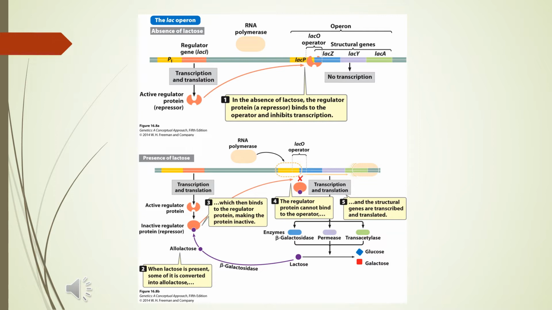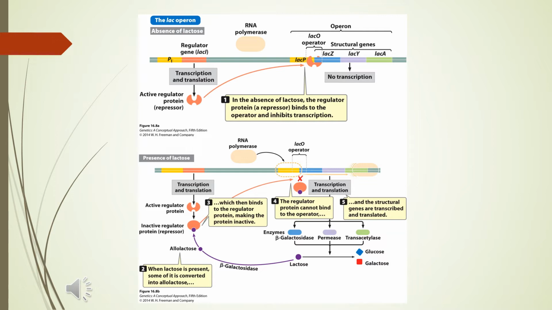On the left side you can see the regulator gene, which is not a part of this operon but can regulate the function of structural genes by producing an active regulator protein. Here it is a repressor, as the lac operon is a negative inducible operon. Negative means the regulator gene will produce a repressor. Inducible means it is usually in an off condition and must be turned on.